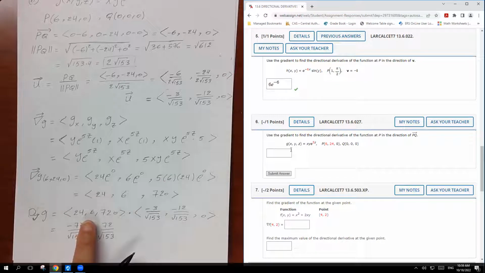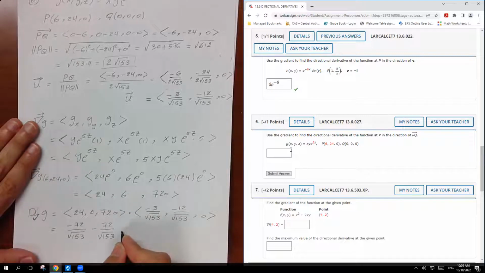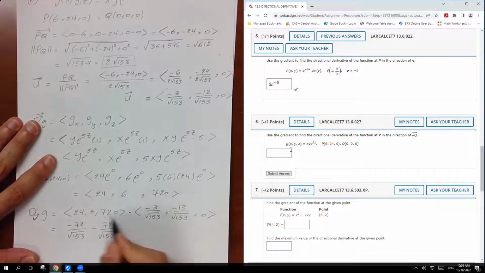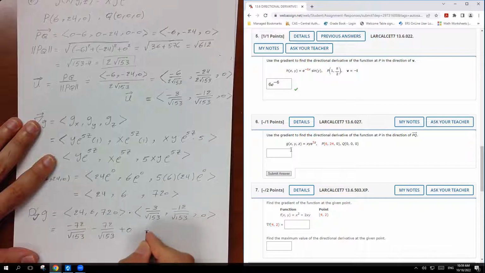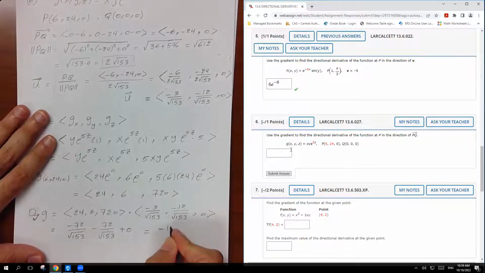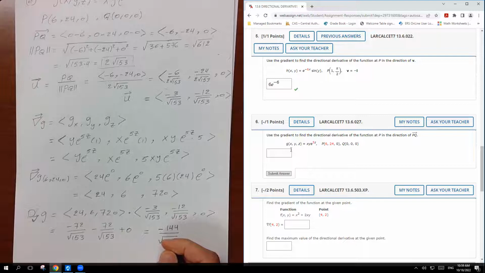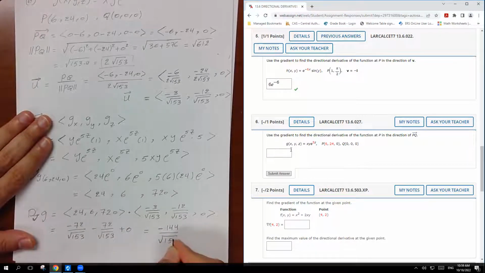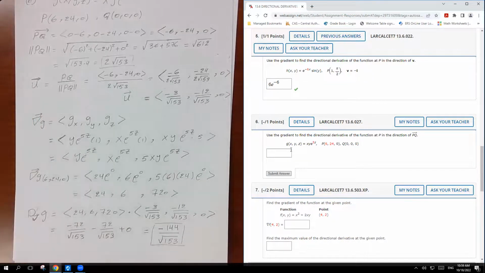And the last one is going to be just 0, since 720 times 0 is 0. So the result is going to be 72 added with 72, so 144. That means -144 divided by square root of 153. That's it for this example.